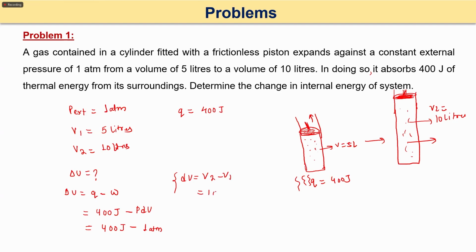V2 is 10 liters minus V1 is 5 liters, which gives us 5 liters. So dV is 5 liters. So 1 atm into 5 liters.